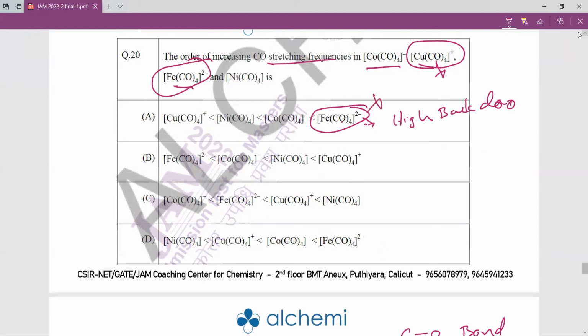This is not the answer. If you look at option B, the positive charge will have low back donation, bond strength will be high and stretching frequency will be high. So option B is the right answer. These are the 20 questions we discussed in this video. In the next video, we will discuss questions 21 to 30. Until then, bye.